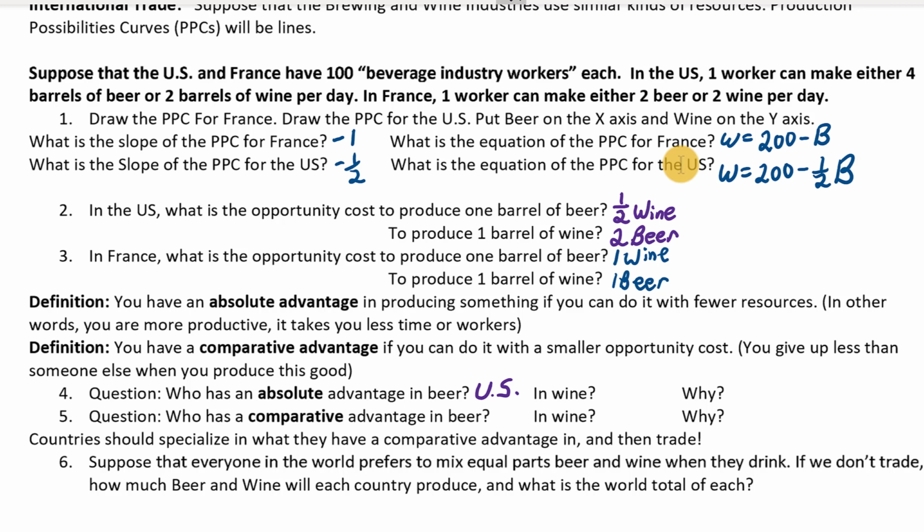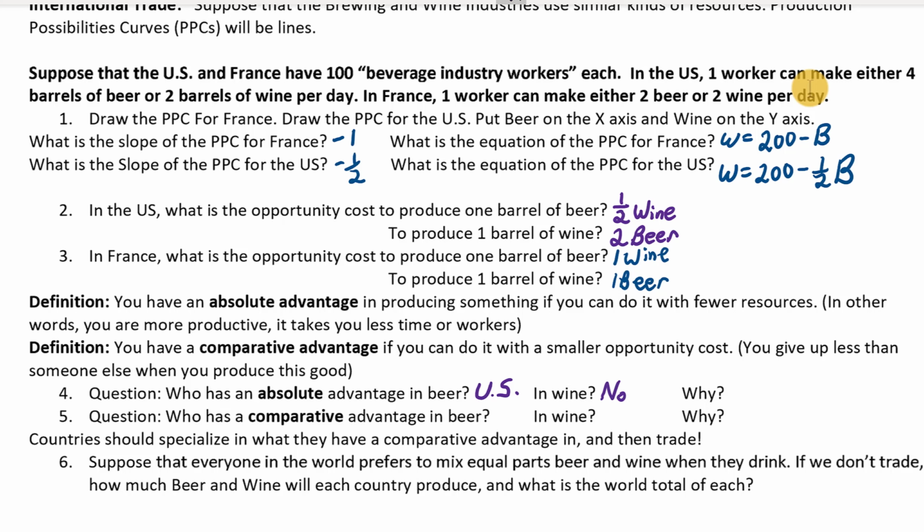What about in making wine? Well, in the United States, one worker could make 2 barrels of wine per day. In France, one worker could make 2 barrels of wine per day. Which country is better, faster, can do it with fewer resources? Neither. So no one has an absolute advantage in making wine. They're equally productive.